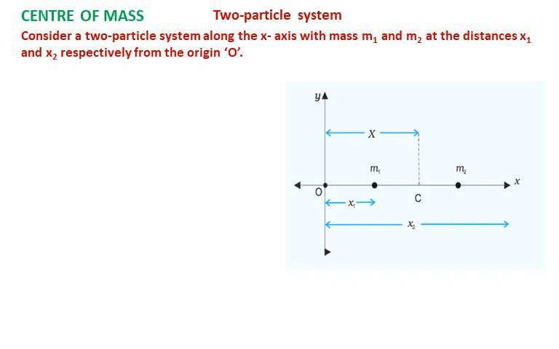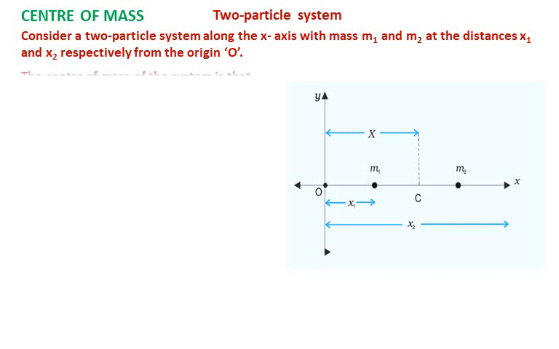For a two-particle system, consider a two-particle system along the x-axis with masses m1 and m2 at the distances x1 and x2 respectively from the origin.